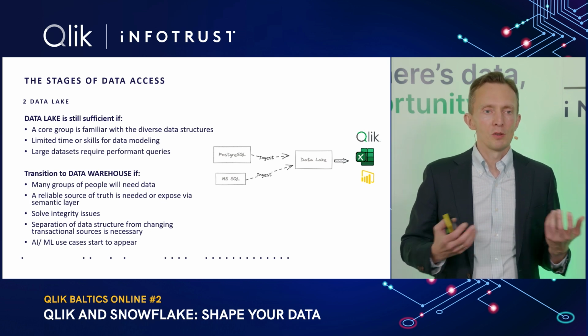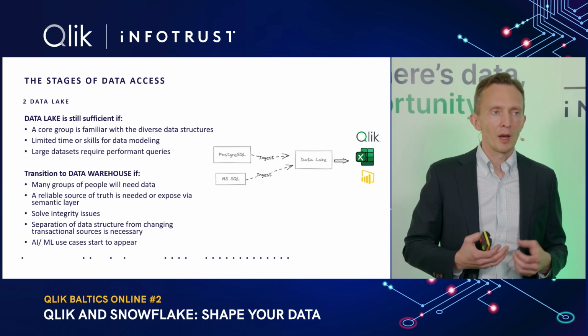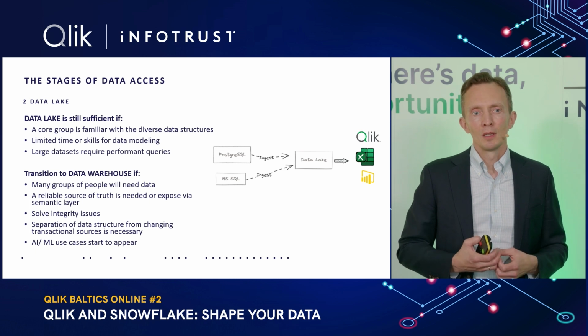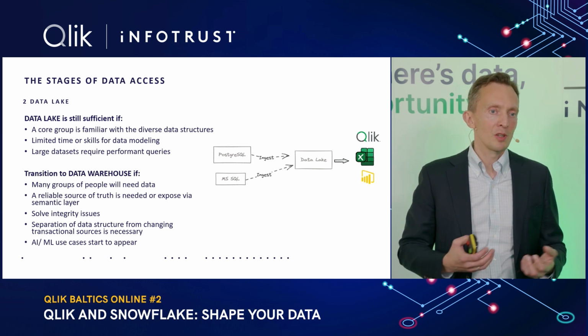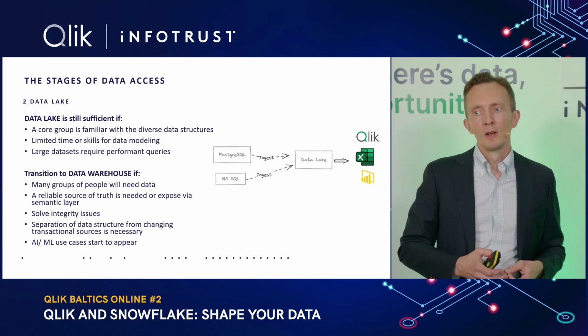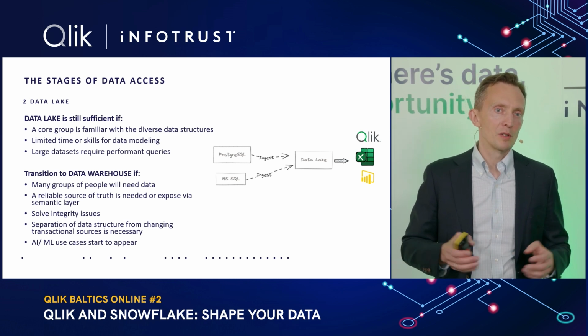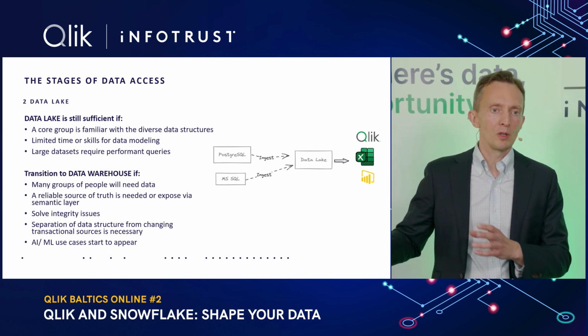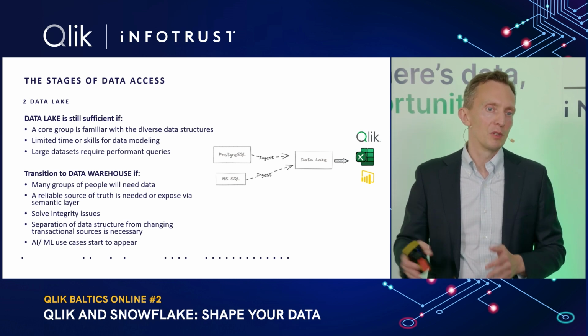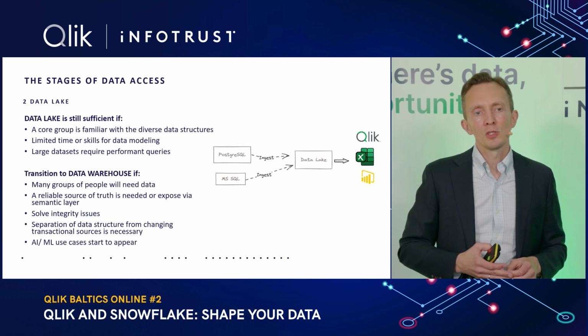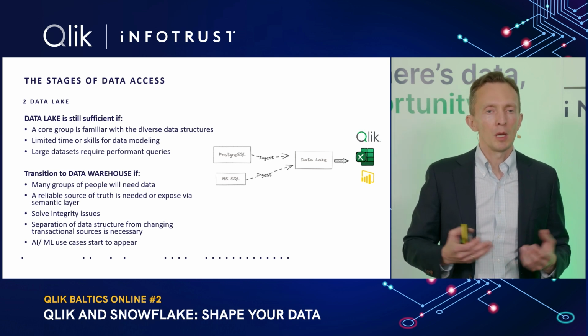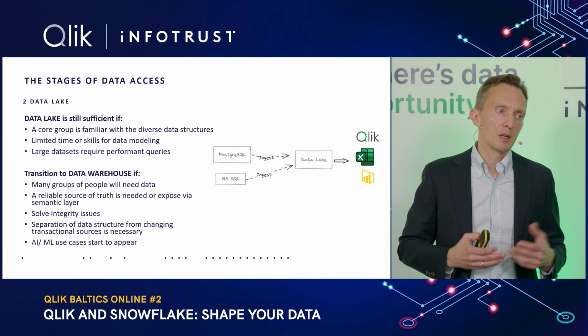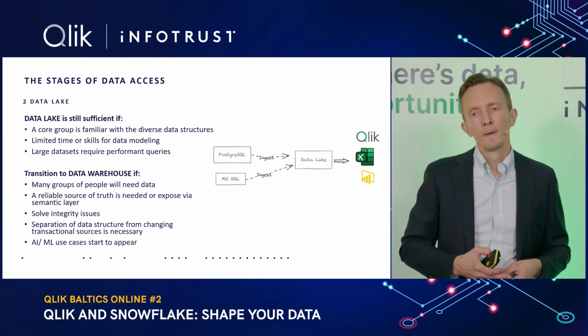You might also face situations where you have to separate changing data structures in the transactional source for reporting needs, where you need a more homogeneous environment and to deal with slowly changing dimensions and things like that. And maybe there is a need for artificial intelligence and machine learning.